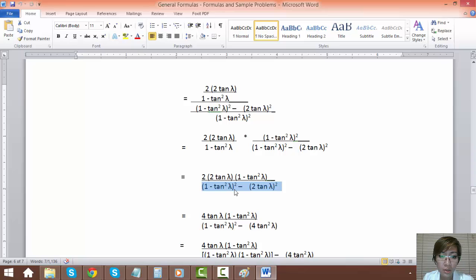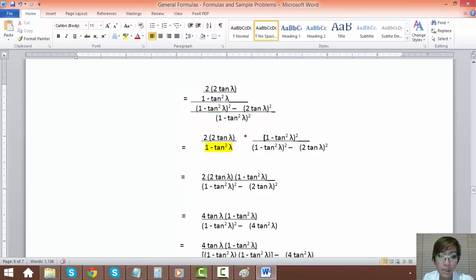Further simplification, 2 times this one will result in 4 tangent lambda, and the same 1 minus tangent squared lambda all over the denominator. The same with this one, but we simplify 2 tangent lambda raised to the second power, so it now becomes 4 tangent squared lambda.